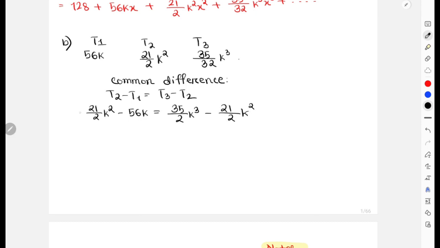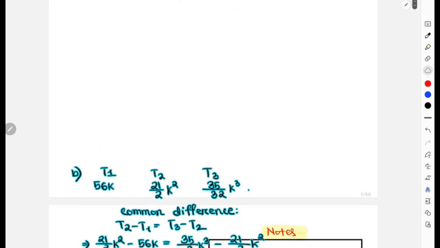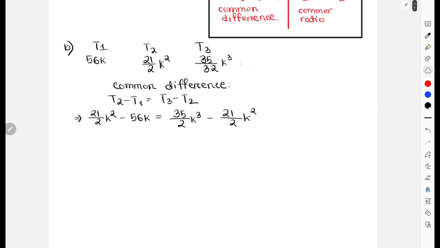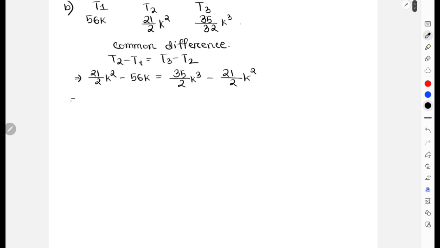Now you can clearly see this creates an equation over here, right? And for this equation, I don't have much space, so let's just move on to the next page. Right, okay. Now from this part, I can take k common from the left hand side, so we have 21 by 2k minus 56.